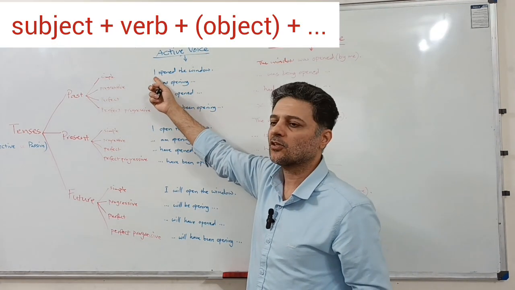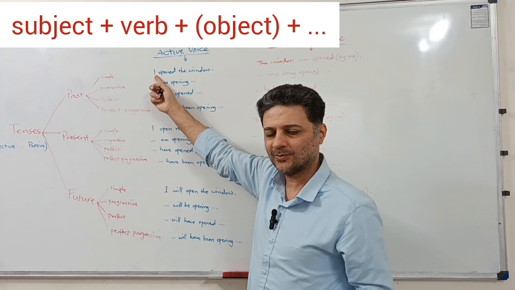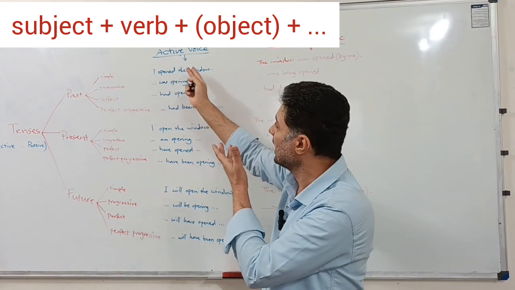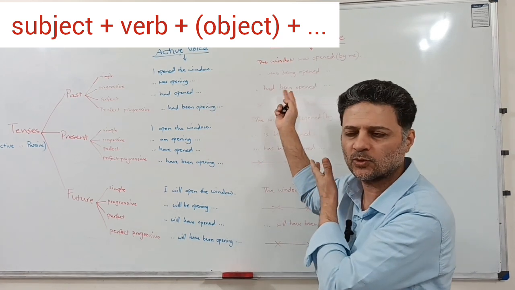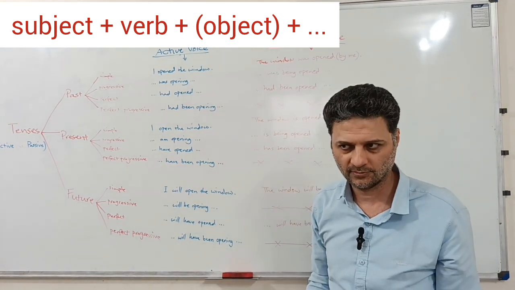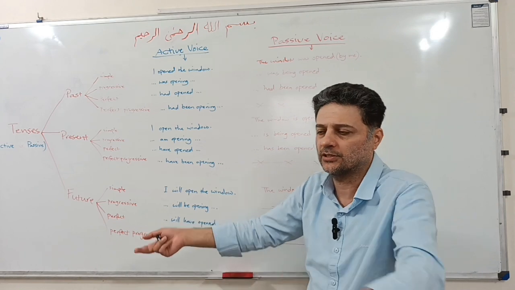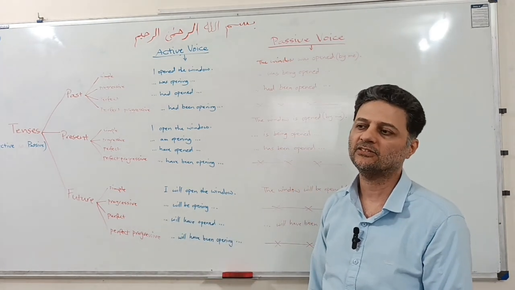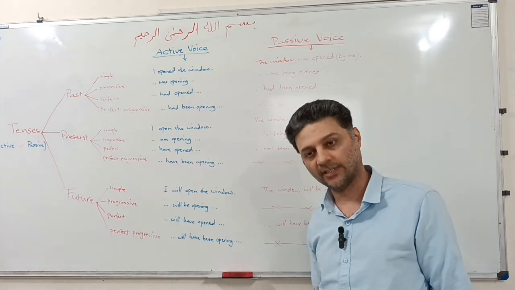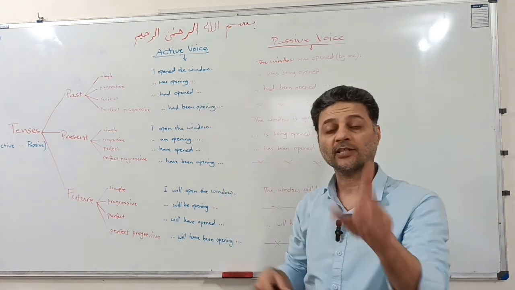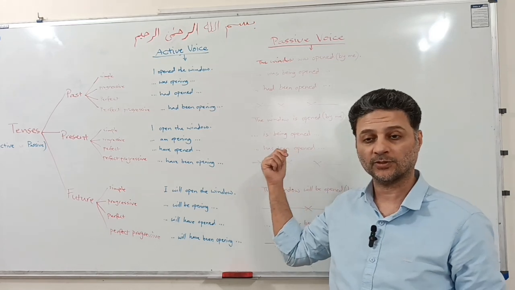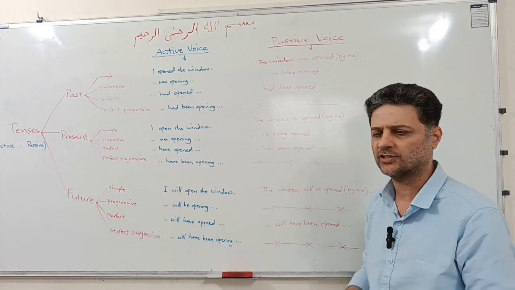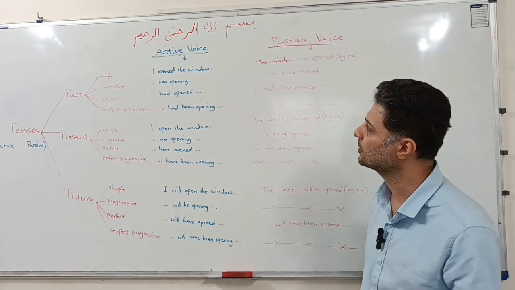We start our sentence with a subject, then a verb, which is the active voice, and then the rest of the sentence, which can be an object if it is a transitive verb. If it is intransitive, then it doesn't require any objects. That's another story that you have to refer to my other videos where I talked about verbs. I gave all the classifications and typology of the verbs there.